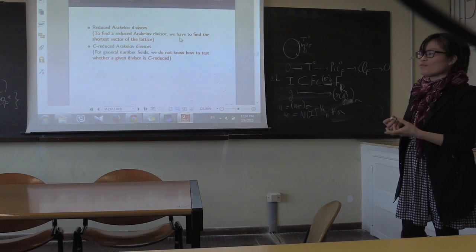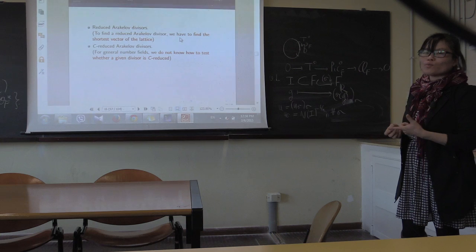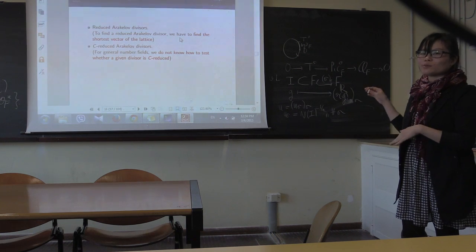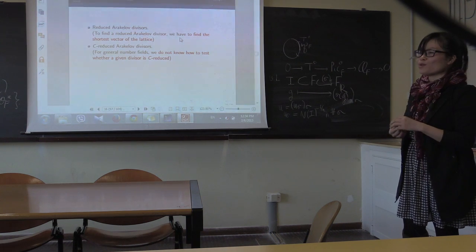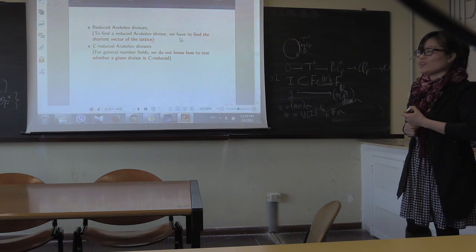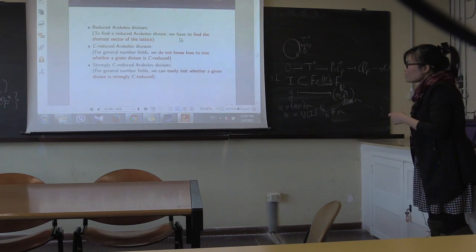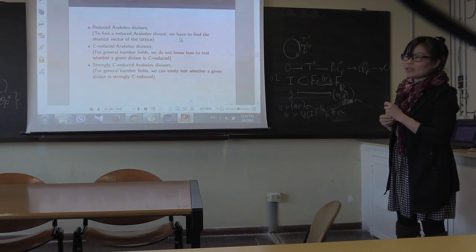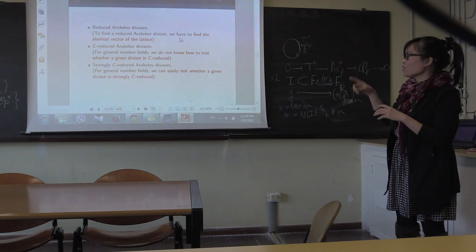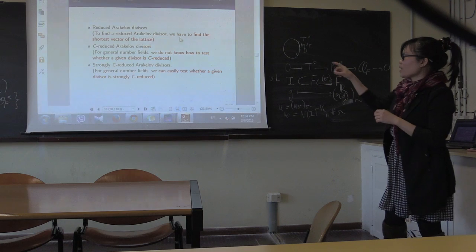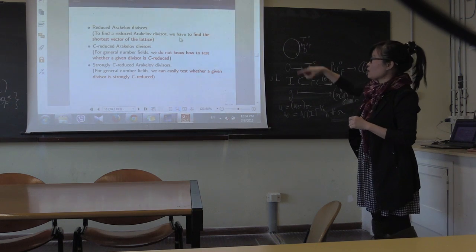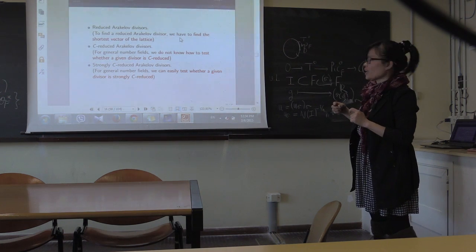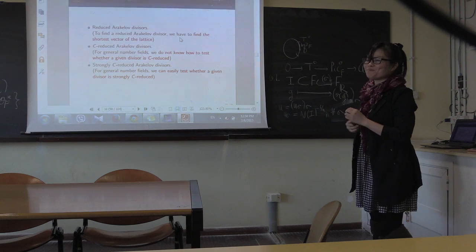We only have an algorithm for a real quadratic field. For higher degree number fields, we currently don't know how to do it. That's why we make it a little simpler by defining the strongly c-reduced Arakelov divisor. Strongly c-reduced implies c-reduced, and we can test it easily.